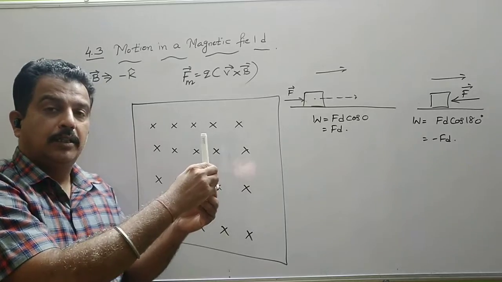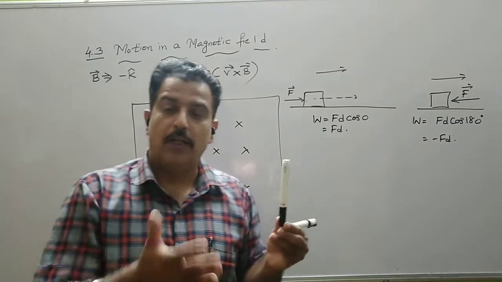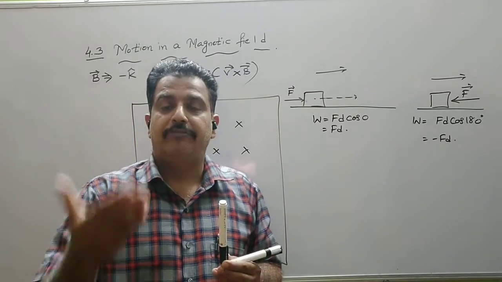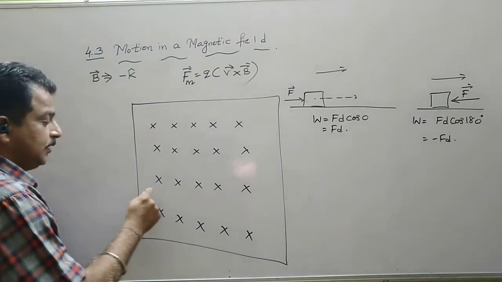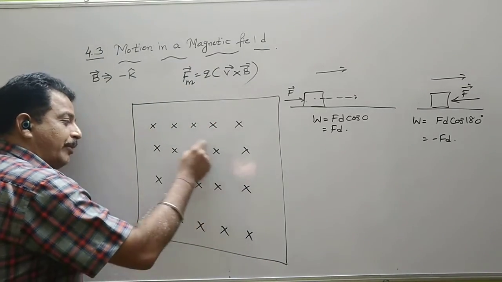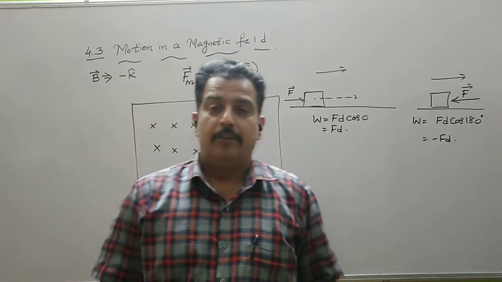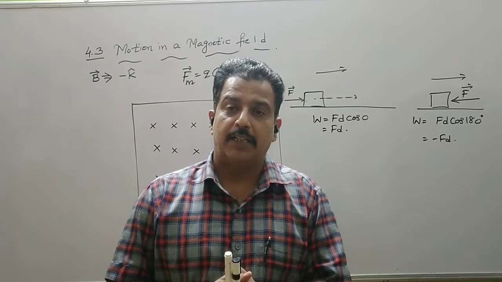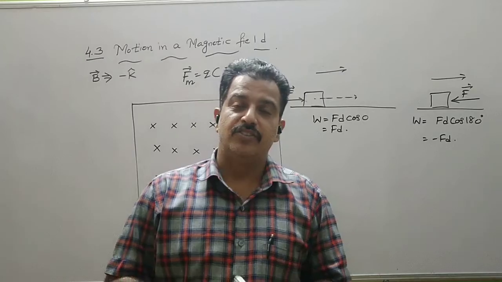Again, this is in the magnetic field. Again we apply the right hand screw rule. At every instant, if we apply the right hand screw rule, we will find that this particle will perform a uniform circular motion where the force will always be perpendicular to the V vector, and therefore the work done will be 0.